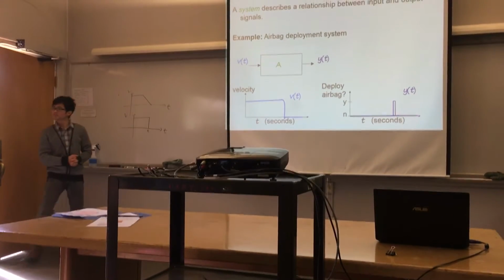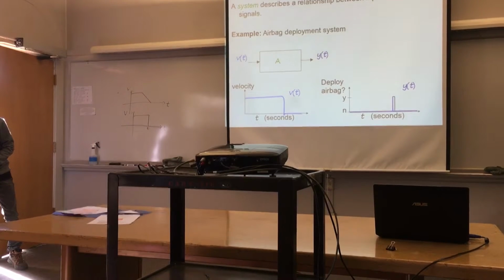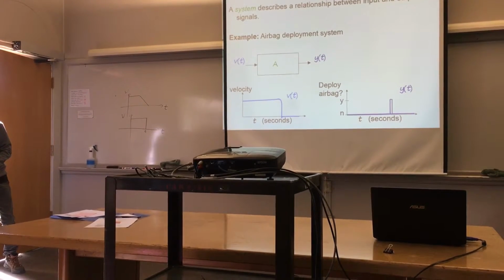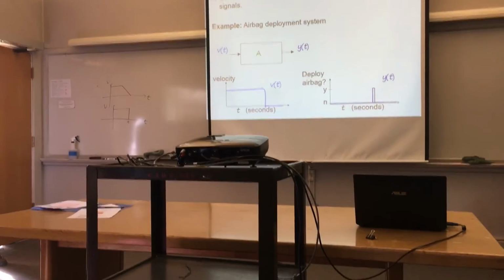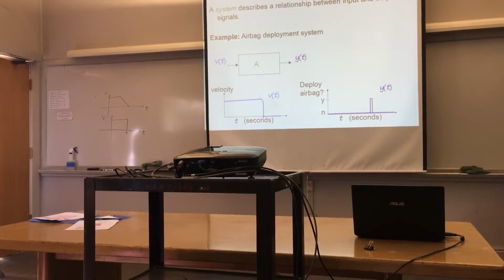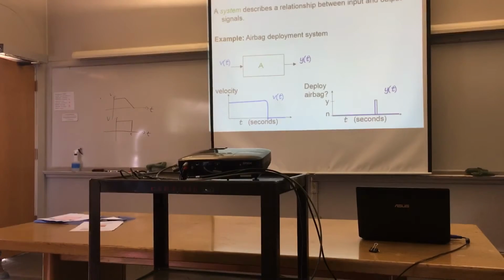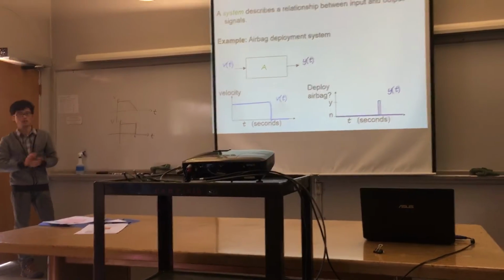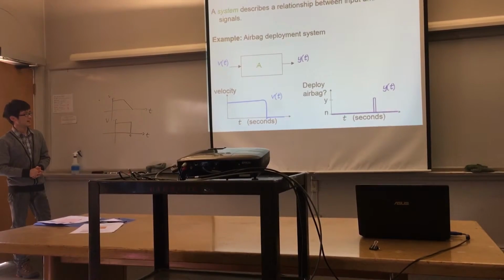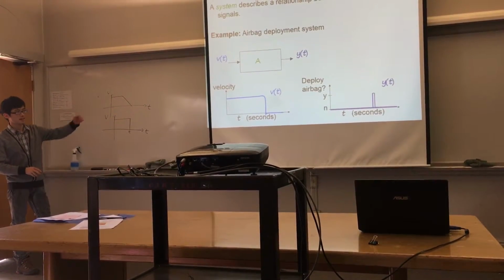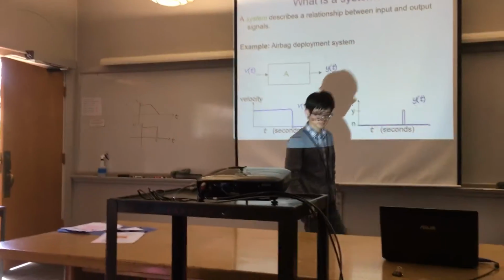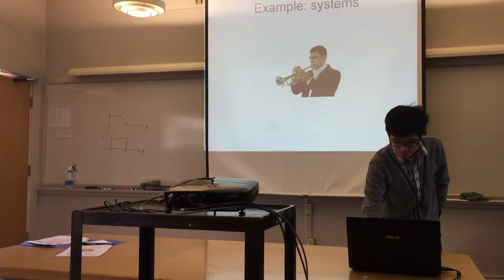What if I get hit from behind and so my velocity increases? Will the airbag not deploy? If I get hit from behind. Does the airbag only deploy if I get hit head on? That's a good question. Maybe there are other situations.